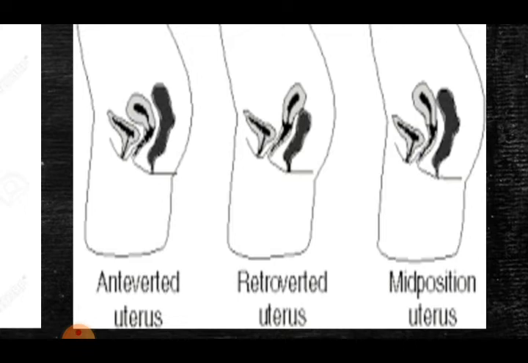So this is a retroverted, retroflexed uterus. Then we talked about the mid position uterus as well, and it is lying in the mid position. That's why we are calling it the mid position uterus, and these are the normal variants.